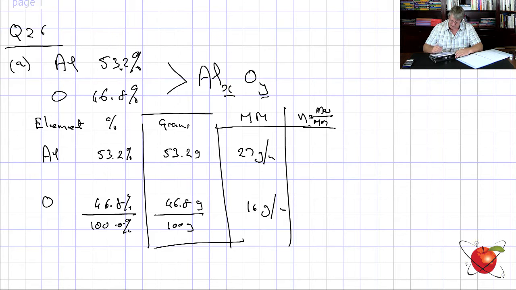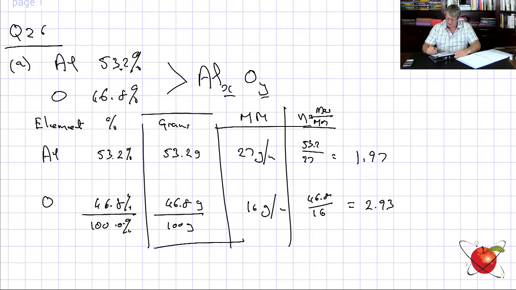All right, let's have a look now. Number of moles is going to be 53.2 grams divided by 27, which gives us 1.97. And over here, number of moles is going to be mass 46.8 divided by 16, which comes out to be 2.93.